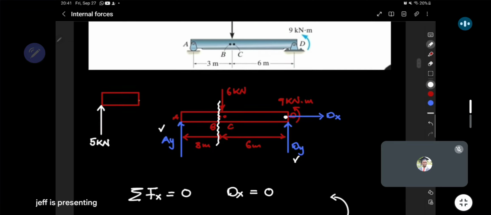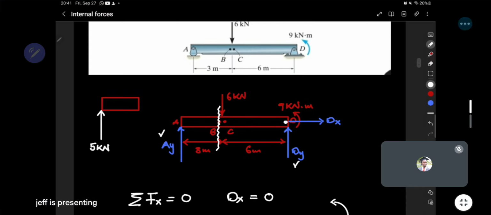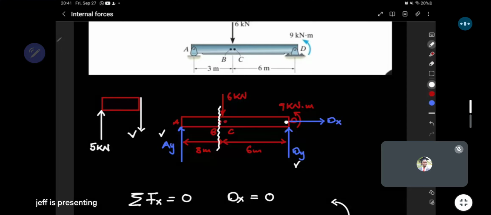What else? Now we have point B somewhere this side. So now let's show what is happening there. Since this was a member, by breaking it between there, we're going to expose the normal force, the shear force, and the bending moment. So the shear force will always be parallel to that section. So take it to be pointing downwards. So this is going to be the shear force.